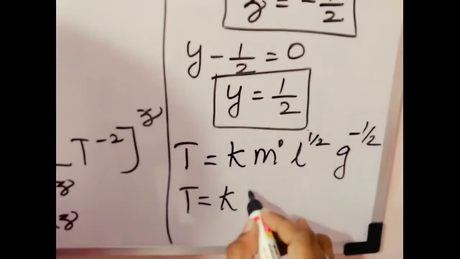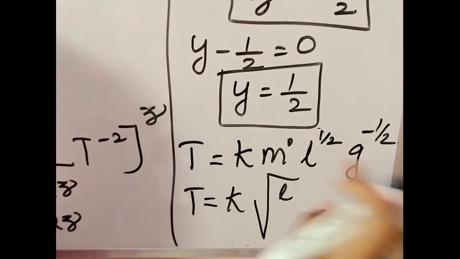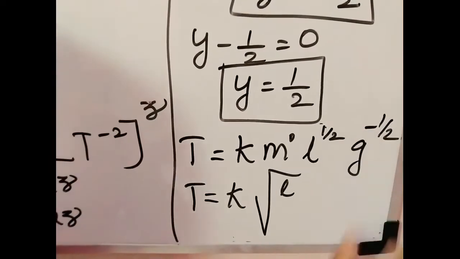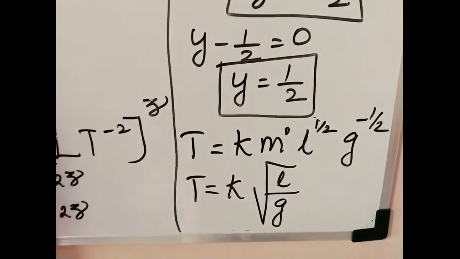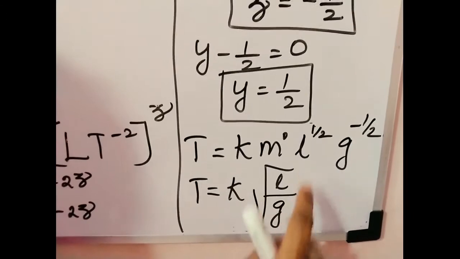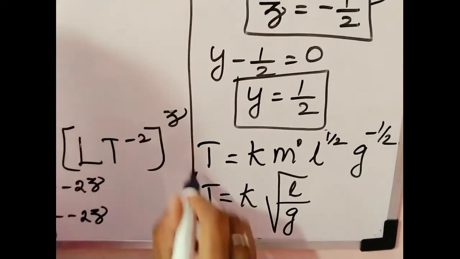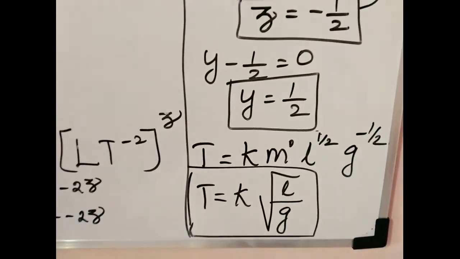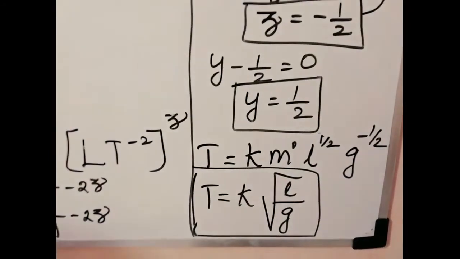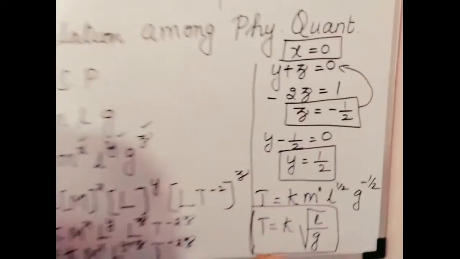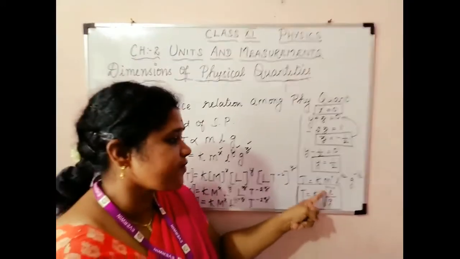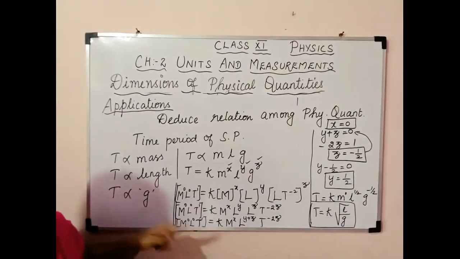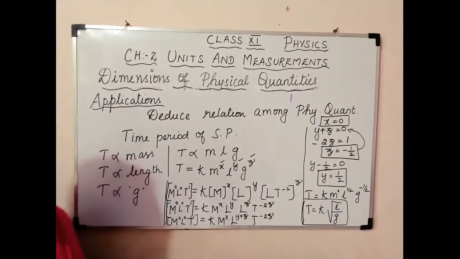L power 1 by 2 can be written as root L, and g power minus 1 by 2 is 1 by root g. So we have found out the relation between physical quantities, the formula for the time period of a simple pendulum, T equal to k root of L by g, by using the dimensional formula.